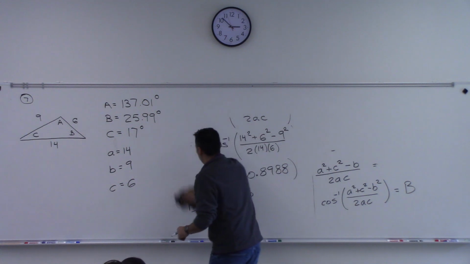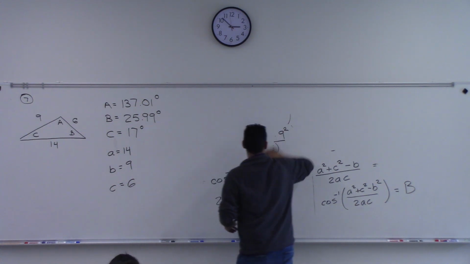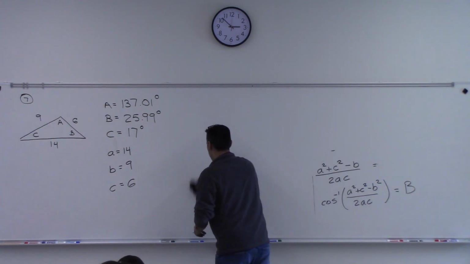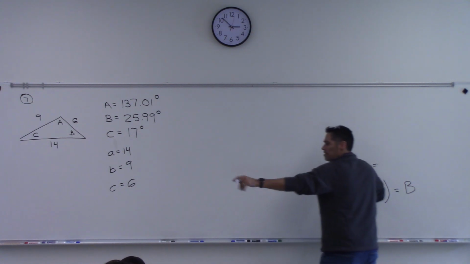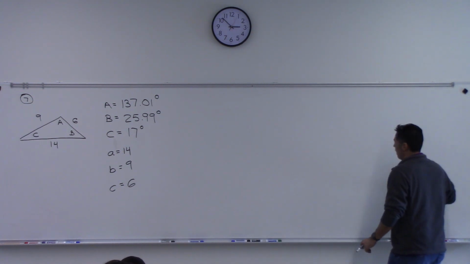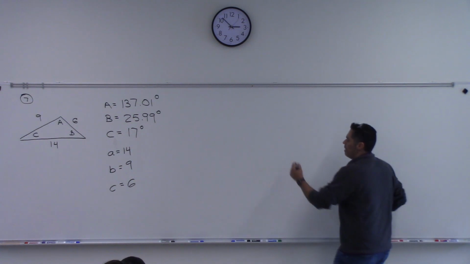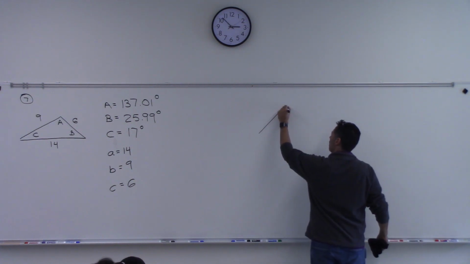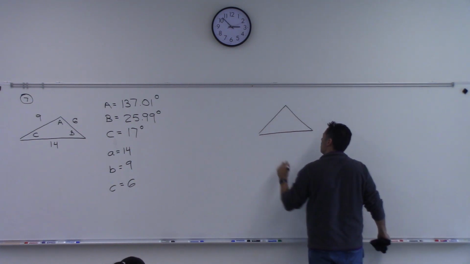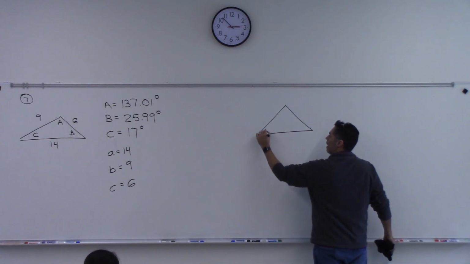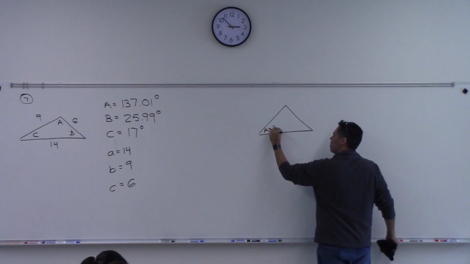All right, I have another problem for you to consider. It's not on those sheets, so I'm making this one up myself. What if I tell you that A is 30 degrees?